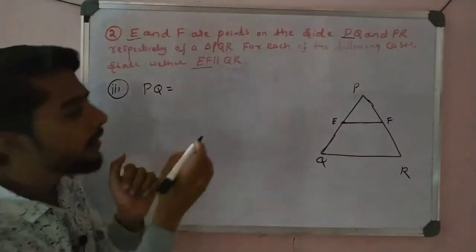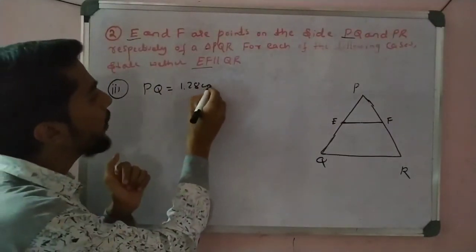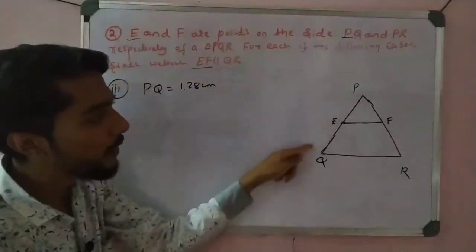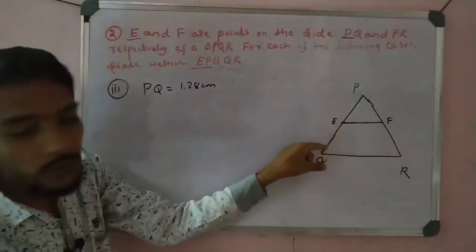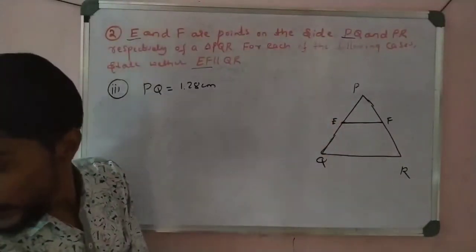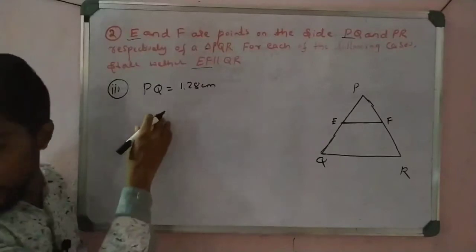Very interesting. PQ is given as 1.8 centimeter. EQ is given as well.